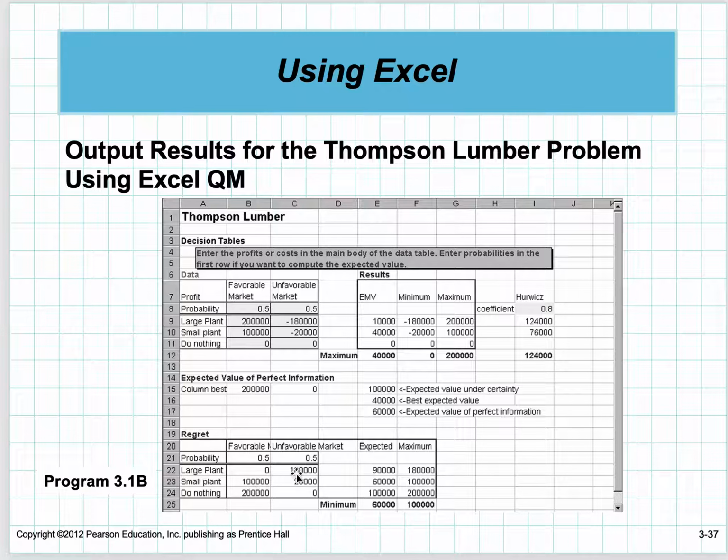If you're going to do the regret table, here's your regret table with your variables and everything. If you do the expected or the maximum, in this case it gives you the minimum in each case. In both cases you're going to pick a small plant. And so you could answer all the questions depending on which model you're asked to do by using this QM model.